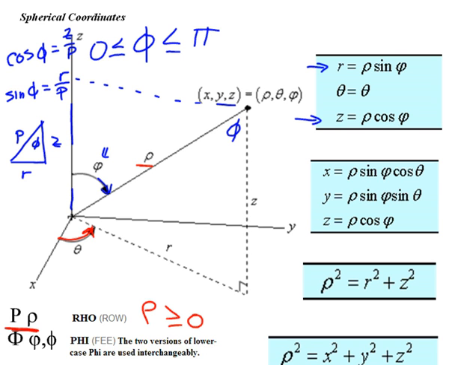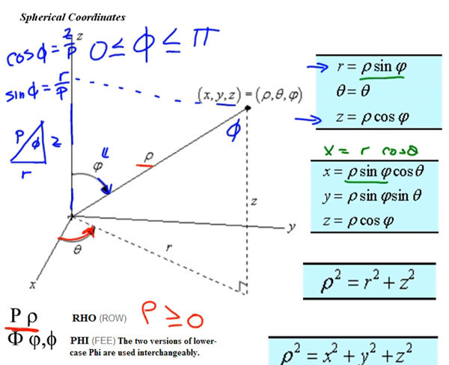So we get that r is rho sine phi, and z is rho cosine phi. Now again, if we use our x equals r cosine theta, and I replace r with rho sine phi, I get x equals rho sine phi cosine theta.